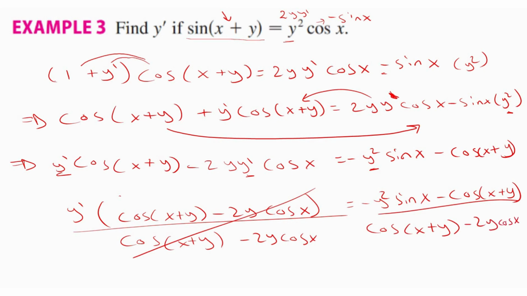If we take as a common factor in the numerator and the denominator a negative sign and remove them, this is what we will get.